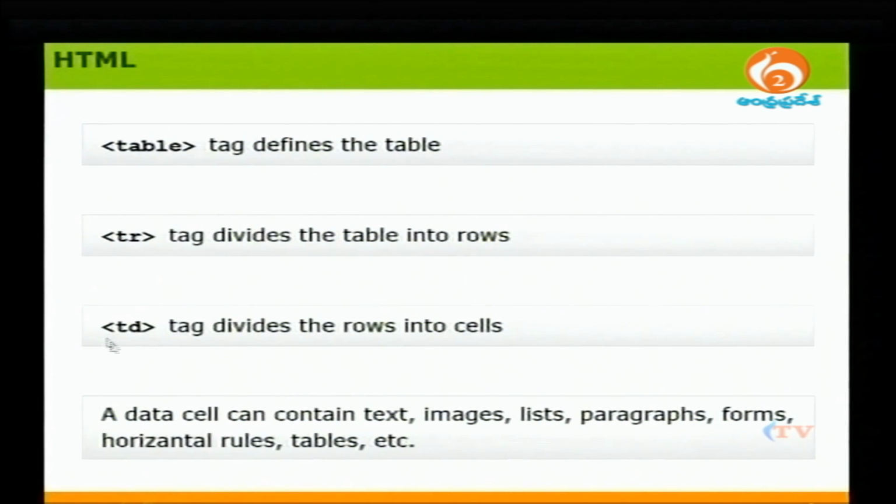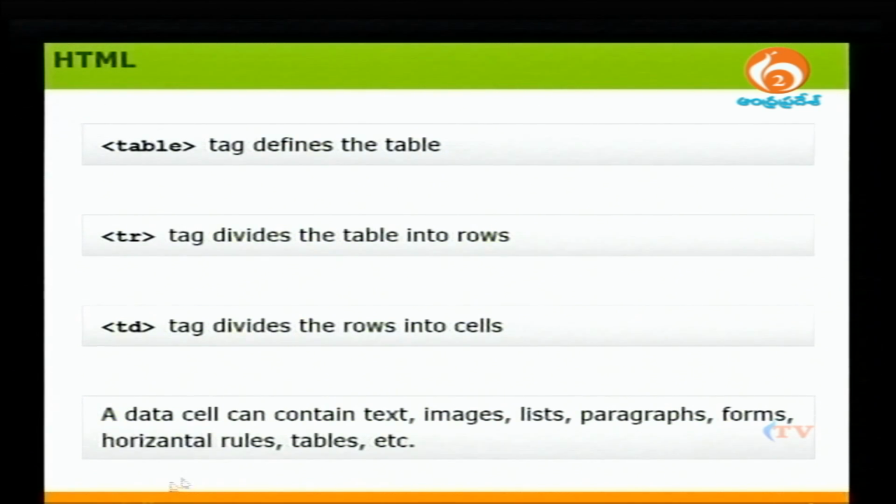The next is td, which stands for table data. For example, you have divided the table into one row, and you want to divide this row into multiple columns, then you need to go for the td format. It is going to divide a single row into multiple cells.